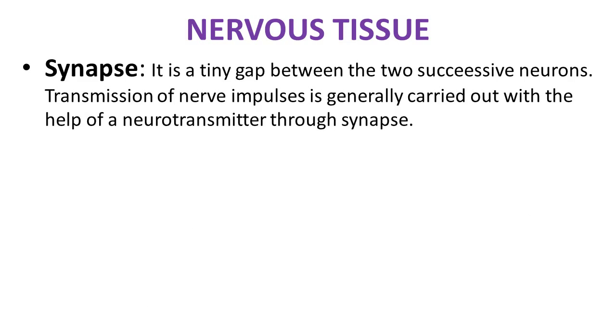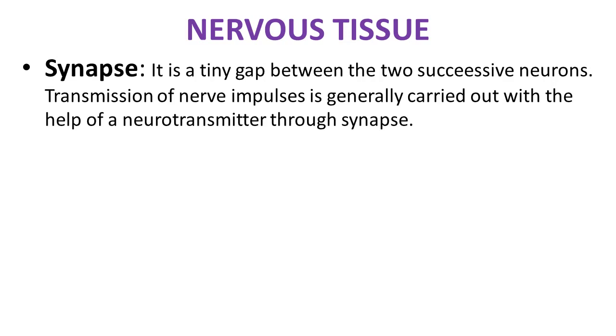The very important thing is that, as I told, the nervous system in our body is because of the group of this nerve tissue. Many nerve tissues are interconnected. So whenever two neurons are interconnected, a small gap is going to be present. That particular very small gap which we see between the nerve tissues is known as the synapse.